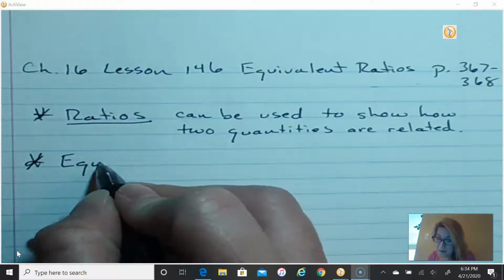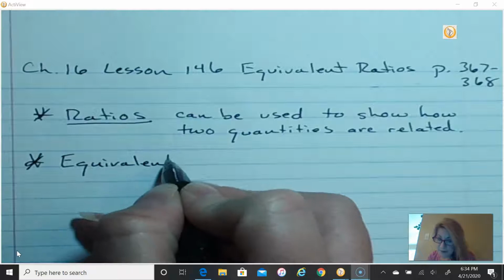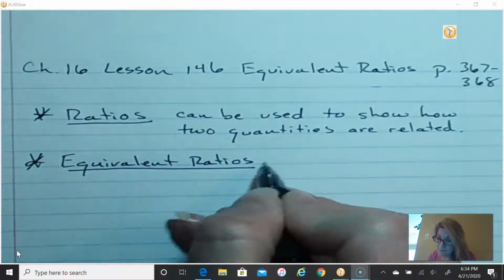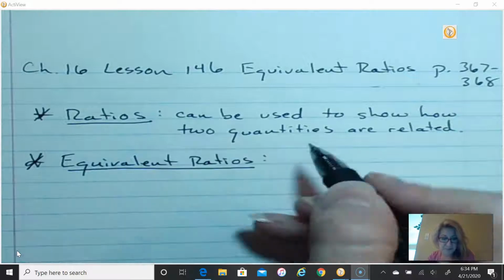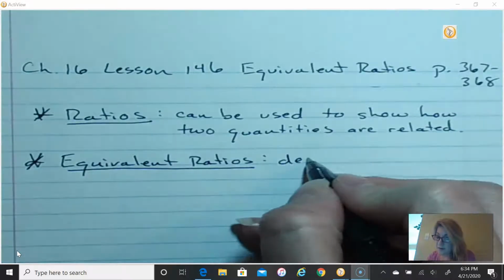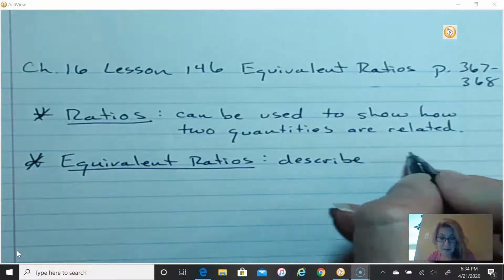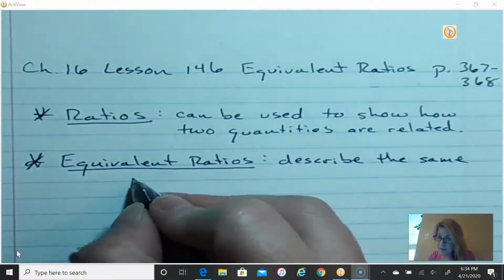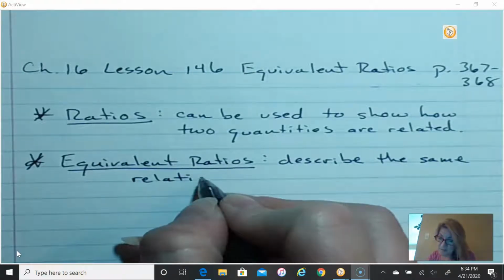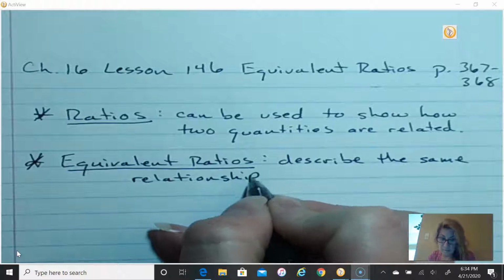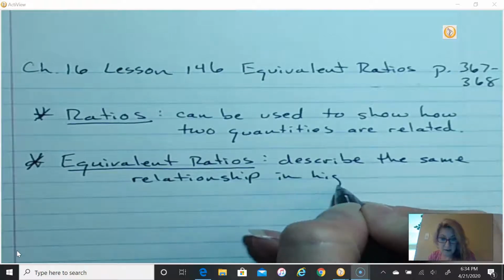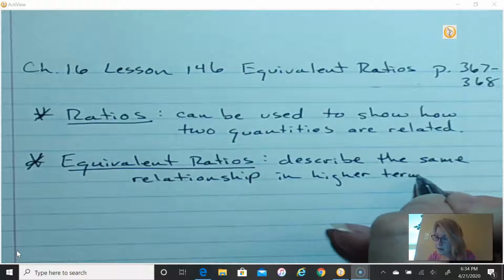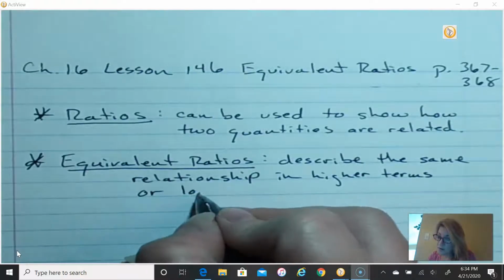Here we go. Equivalent ratios. They describe the same relationship in higher terms or lower terms.